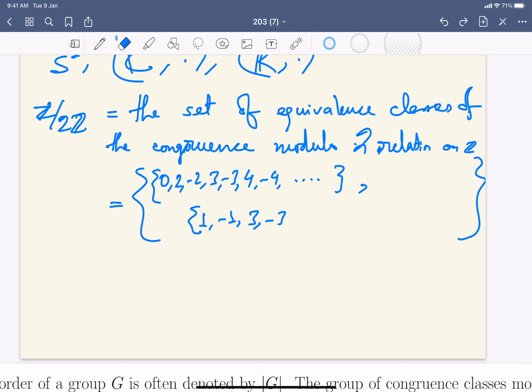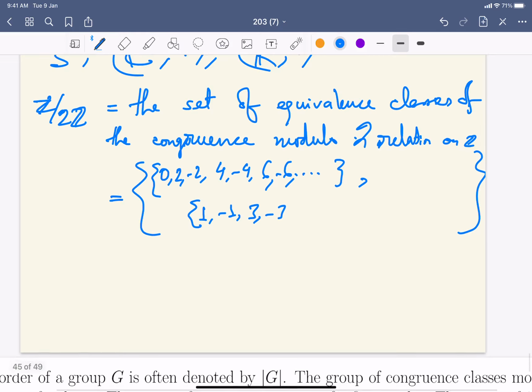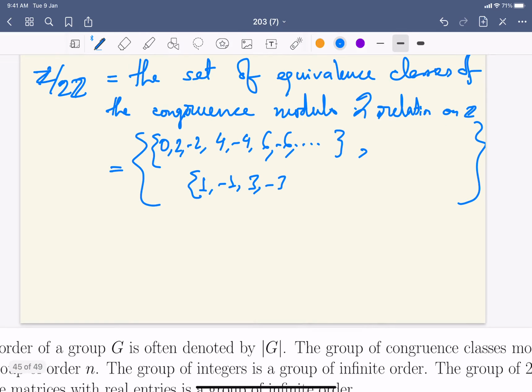I just got carried away. I hope you have observed that what I was writing doesn't make any sense. That 3 minus 3 shouldn't have been put here anyway. So 3, minus 3, and then 5, minus 5, and then 7, minus 7, etc.